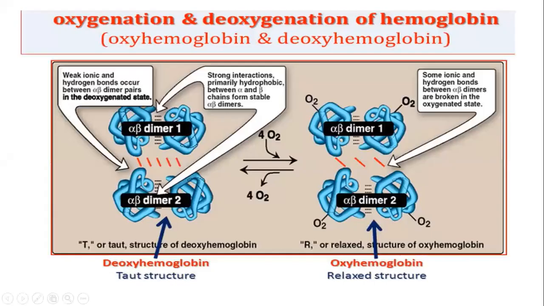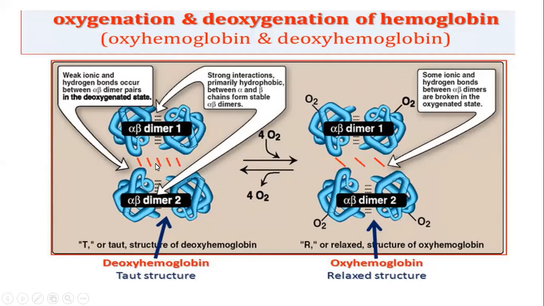And I think this is well elaborated in this diagram, where you have a T form, or taut or tense form, of hemoglobin because the bonds are much stronger than in a relaxed form, where oxygen easily enters the hemoglobin structure. So these are the two states in which hemoglobin can exist in circulation.